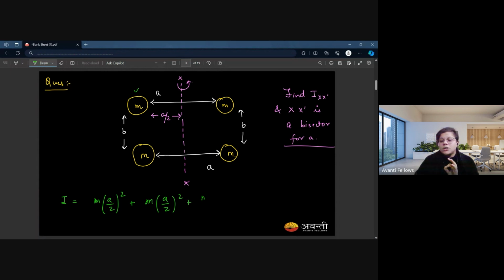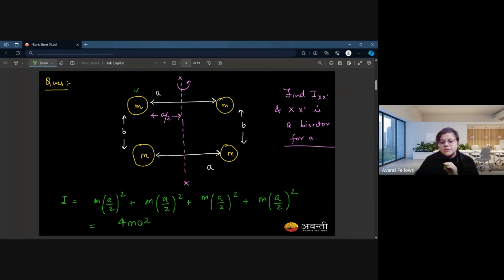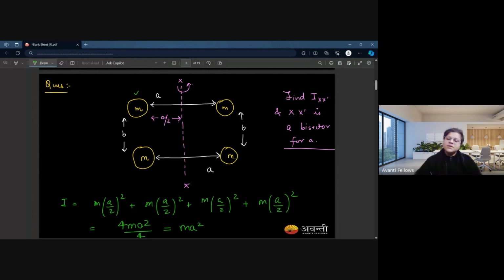All the masses are at a by 2 distance from the axis of rotation. Yes or no? Yes, ma'am. So I guess this is a very simple question about inertia. Now you just have to go by the definition: what is the amount of mass and where it is located from the axis of rotation.